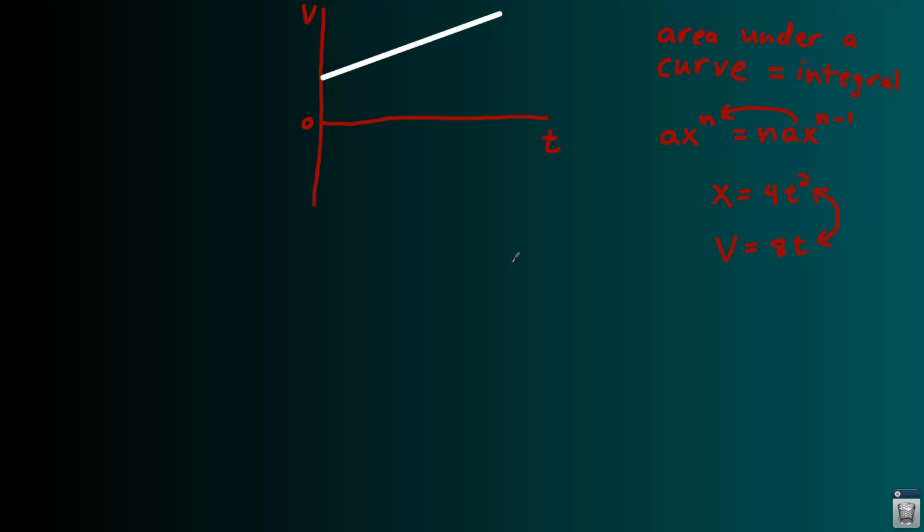So graphically, if you find the area under this curve, let me draw that in. If you find the area under this curve, it will tell you that's the integral, so that's going from velocity up to position. And so that's going to tell you basically on your x t graph your displacement, how far you've moved.